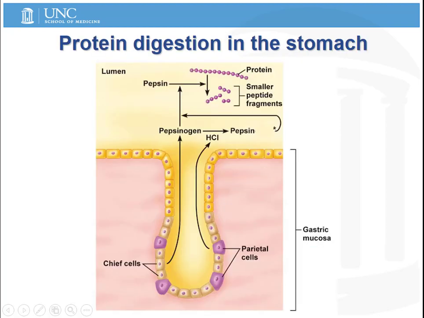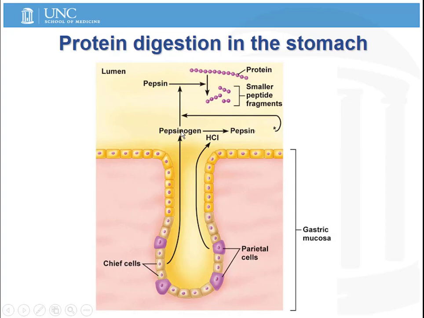So protein digestion initially occurs in the gastric lumen by the enzyme pepsin. So we said that these chief cells secrete the inactive zymogen pepsinogen, and that's secreted into the lumen, and then in the presence of acid in the gastric lumen, that acid secreted by the parietal cells, the pepsinogen is activated, undergoing autocatalytic cleavage to become the active pepsin.